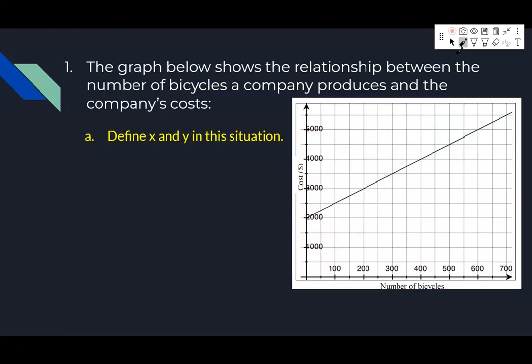Let's start with the first example. The graph below shows a relationship between the number of bicycles a company produces and the company's cost. And letter A, let's define X and Y in this situation.